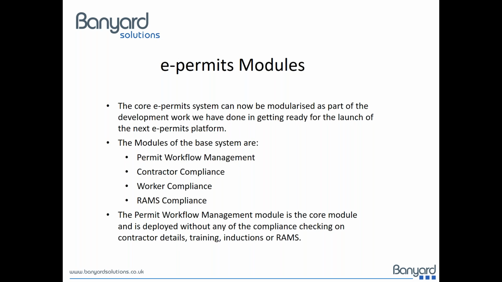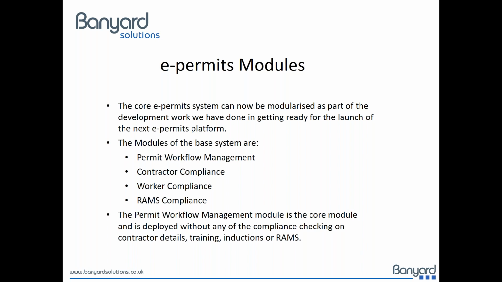There are 4 key modules in the base system, and these are the permit workflow management module, what we call a contractor compliance module, which looks at contractor companies, a worker compliance module, and that looks at not just the workers for the contractors, but any of your own workers that may be getting involved in the permit process for implementing things such as isolations and so forth.